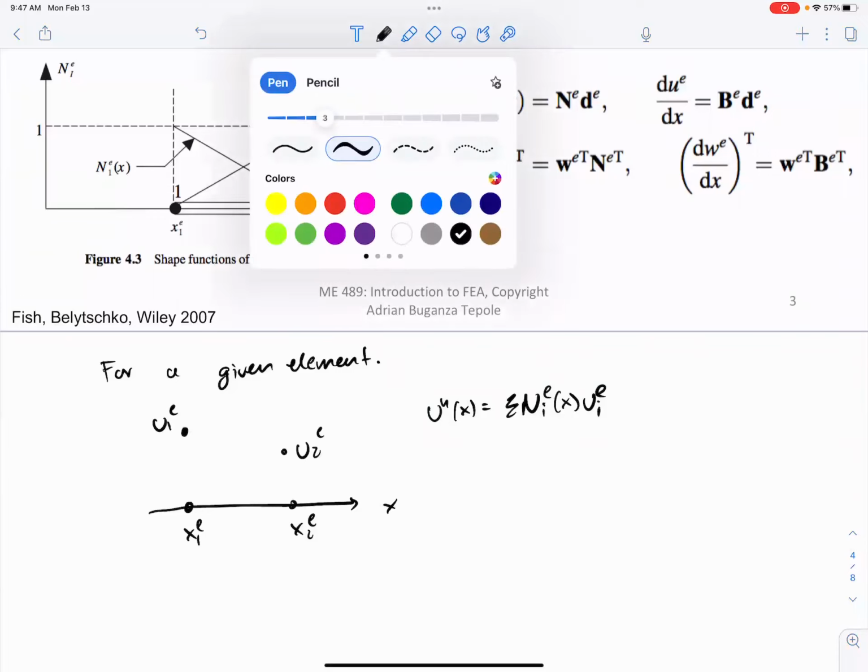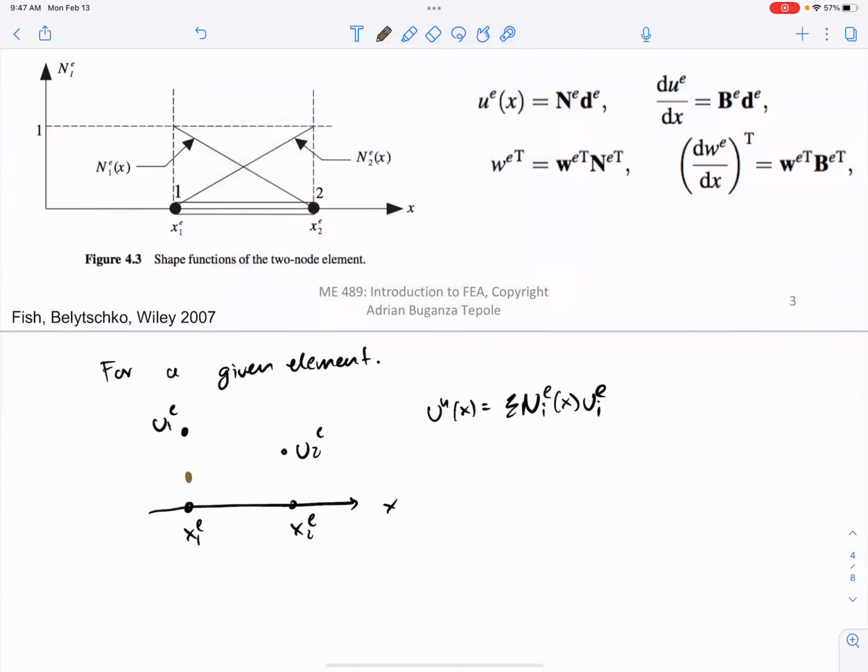Similarly, if I have some other w, I can also interpolate it in the same way.